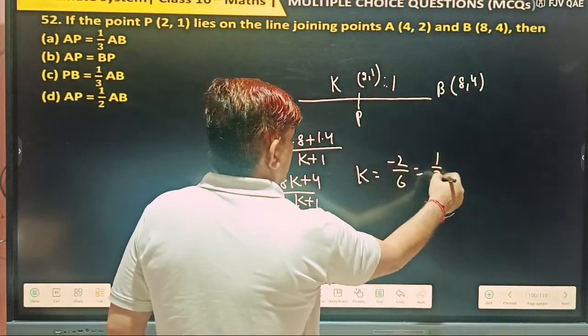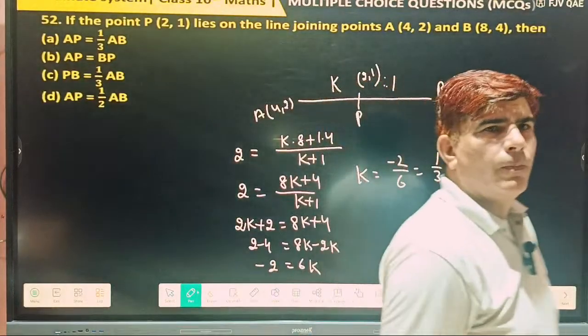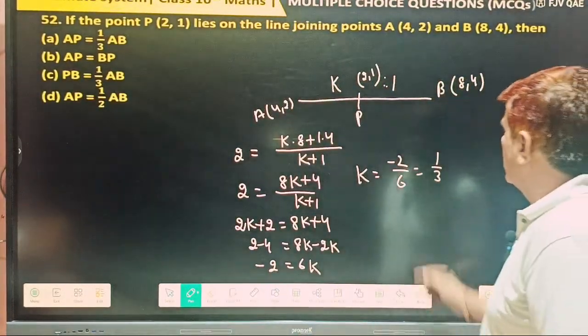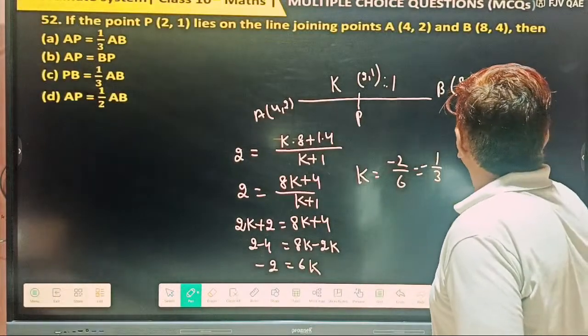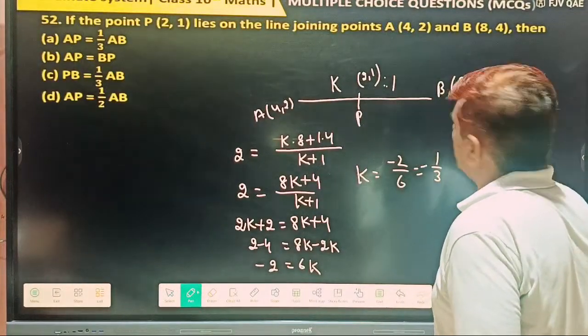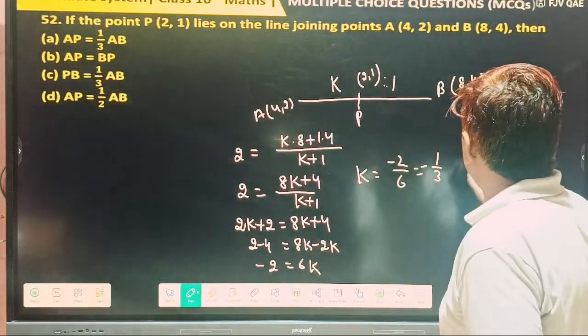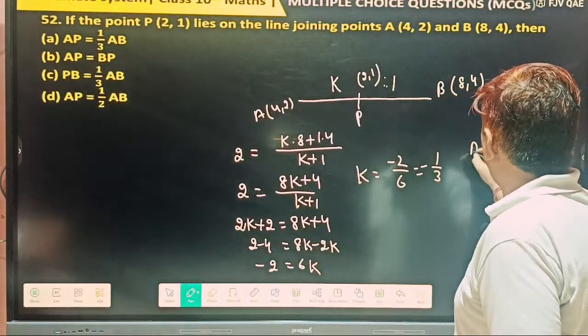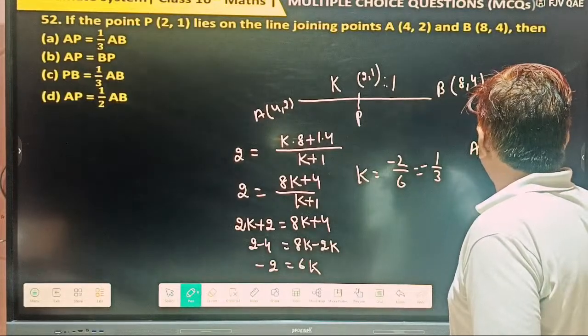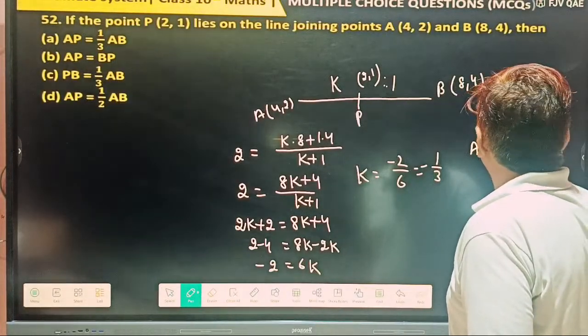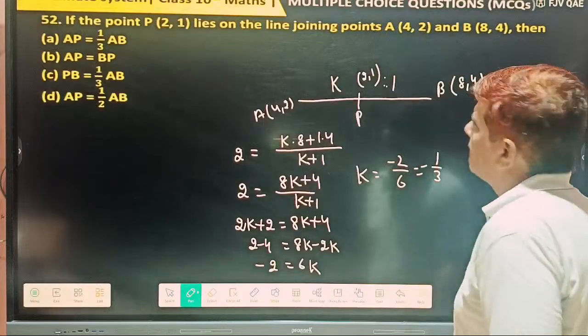It means 1 raised to 3, minus 1 raised to 3 you can say. So it means AP equals 1 by 3 of what? BP.